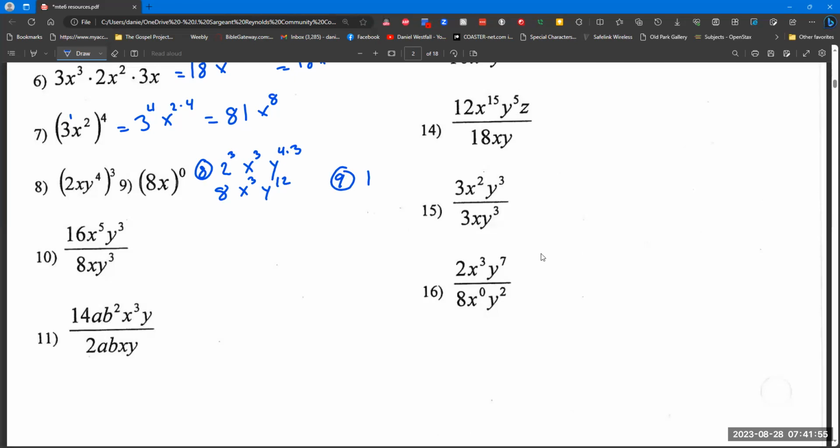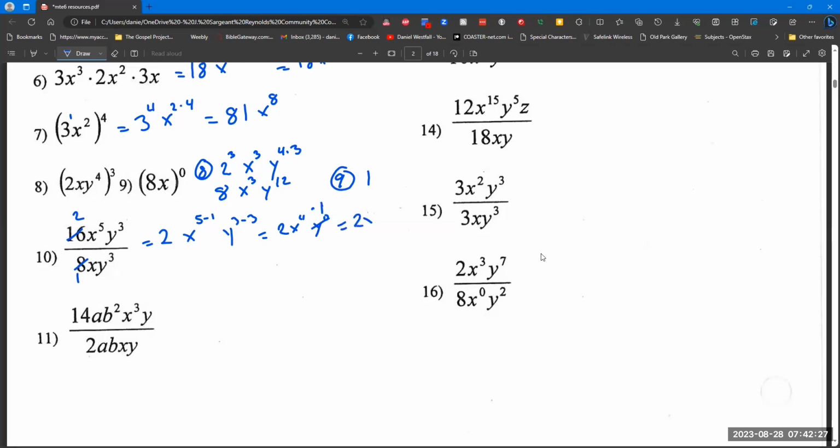All right, now we're going to do some division here. 8 goes into 16 2 times. And we have x to the 5 minus 1, y to the 3 minus 3, is going to be 2x to the 4th, y to the 0. Well, that y to the 0 is just a 1. I'm going to put a 1 in its place.